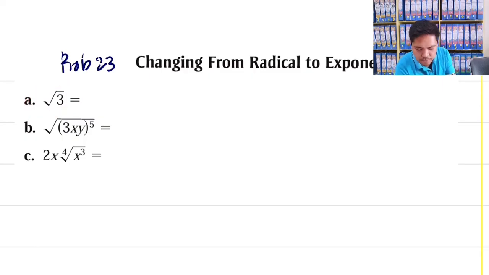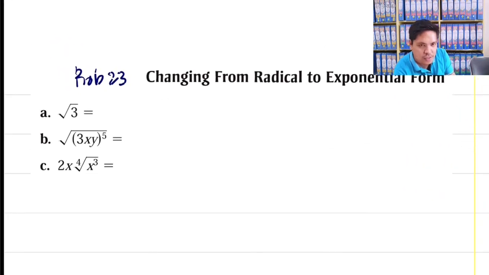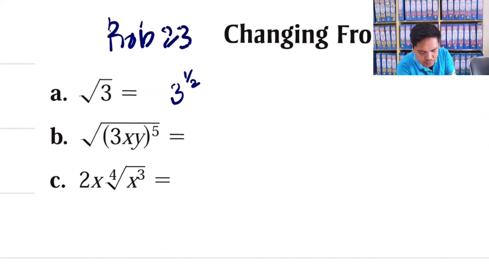For letter A, what is the square root of 3? In exponential form, a radical is just the fractional form of an exponent. So the square root of 3 is just 3 raised to 1/2. Very easy.